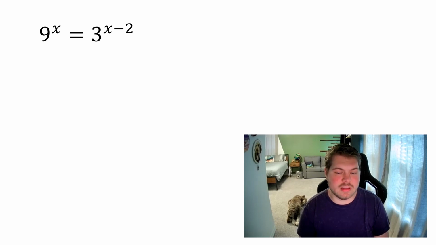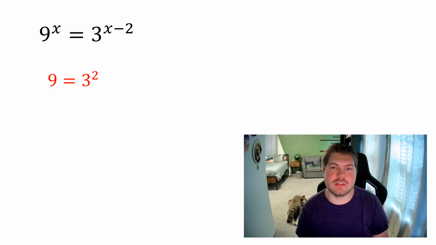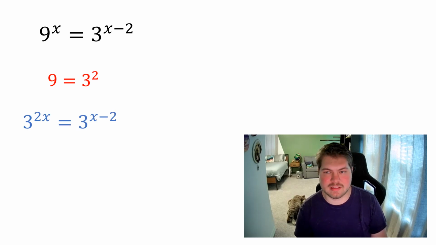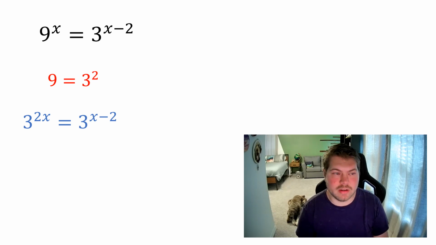This one might be a good one to try on your own if you want to pause really quick, because it's quite obvious that you're going to try to make them both 3. 9 can become 3 squared. So instead of 9 to the power of x, we can change that to 9 to the power of 2x. And now they're both 3's.